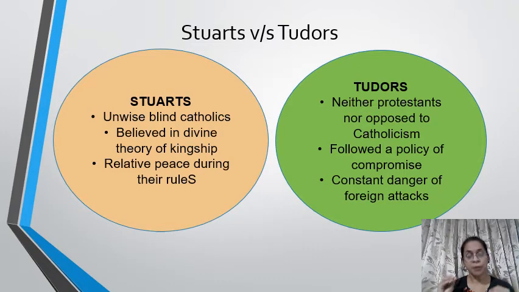So despotism of the government, which was needed to put down internal disorder and the enemies, was not required during the time of the Stuarts. So they were not despots. Parliament reigned supreme during the time of the Stuarts, and this is why there was this big clash between the Stuart monarchs and their parliament.